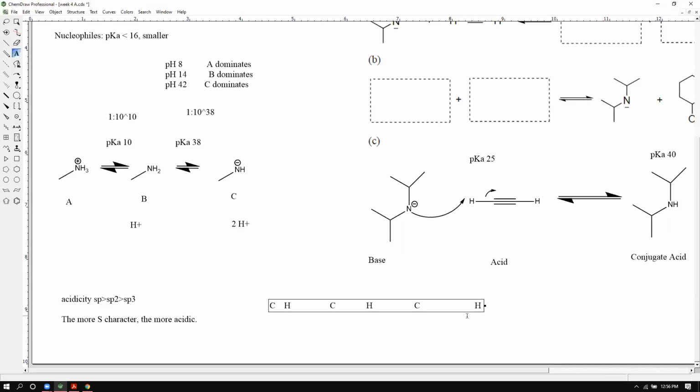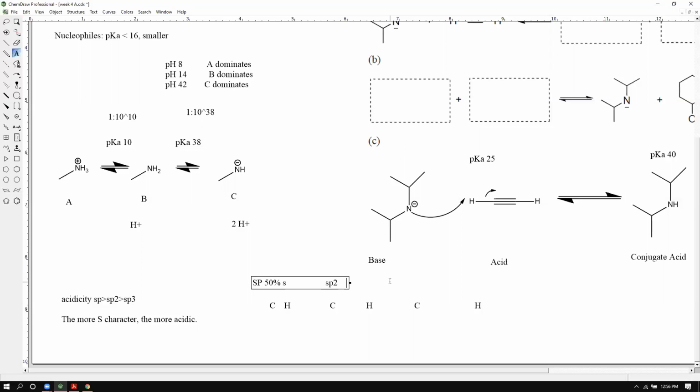And this is just a metaphor here. So when I say more S character, SP here has one S orbital and one P orbital. The two are mixing together. You have one S over the total two. Does that make sense? So that's 50% S. SP2 here has how much S character? 33%.